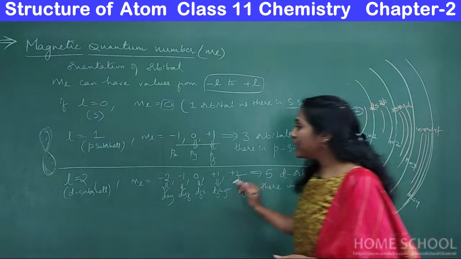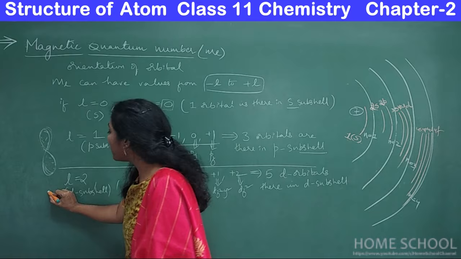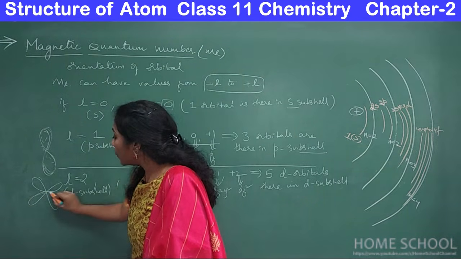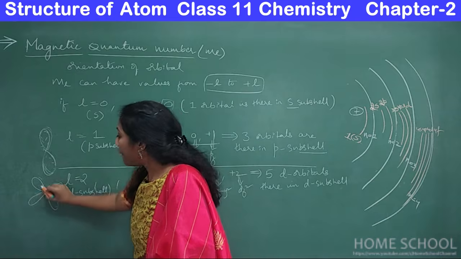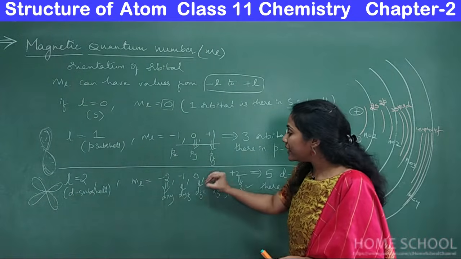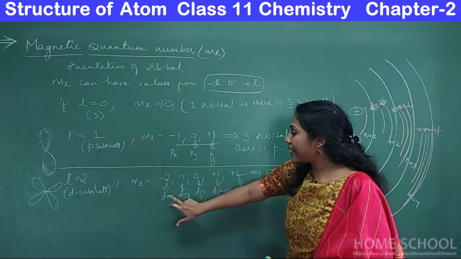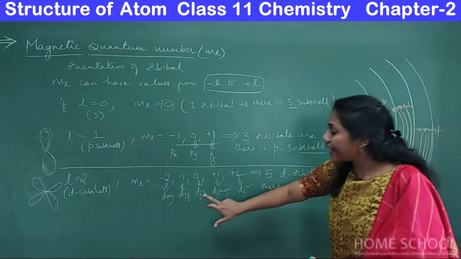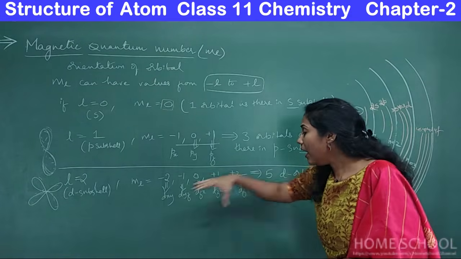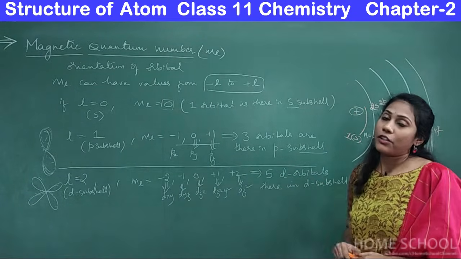The shape of d orbitals is a double dumbbell. The electron rotates like this. So depending on their directions, dxy, dyz, dzx, dx square minus y square, and dz square. These are the 5 d orbitals you have.